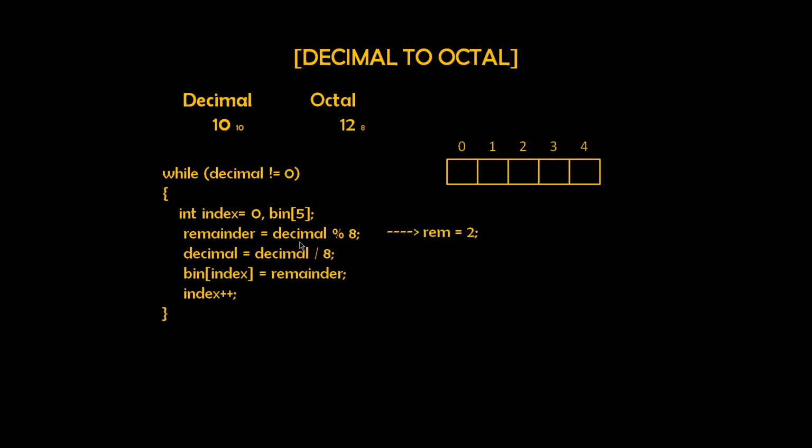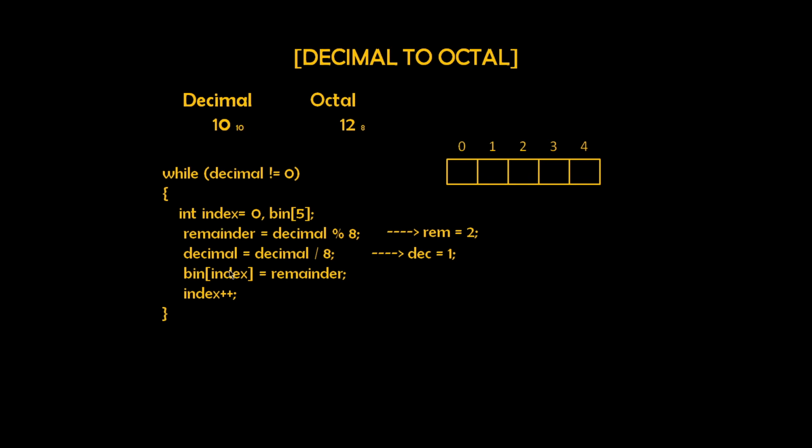As you can see, we have remainder. Since our decimal is 10, we have given 10, and the remainder of 10 divided by 8 will be 2, and the quotient is 1. So this one will be stored to the decimal variable. And then here, we are going to store our remainder in the elements at the value of our index.